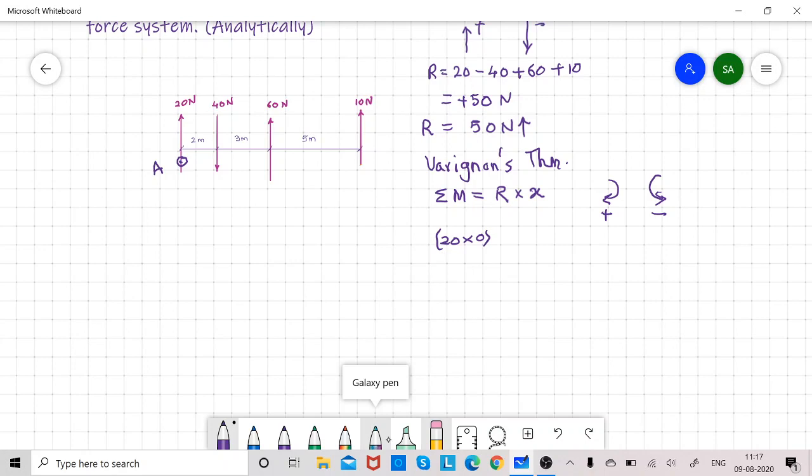So 20 into 0 plus 40 into 2, it is a clockwise moment, so I am writing it as plus, minus 60 into 5, this is an anti-clockwise moment, minus 10 into 10. The perpendicular distance between the 10 Newton force and point A is 10 meter. This is equal to 50 into, say, x1.